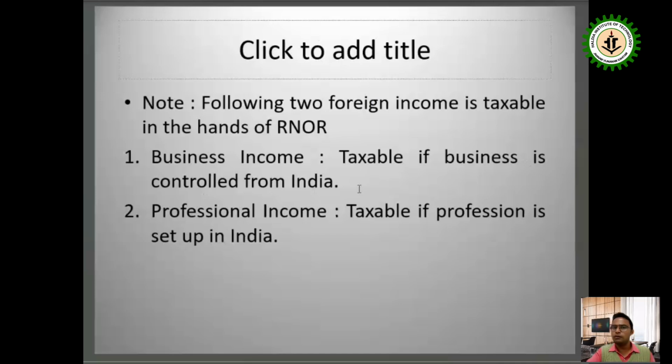If a foreign business is controlled from India, then they have to pay tax in India. And second is professional income, taxable if the profession is set up in India.